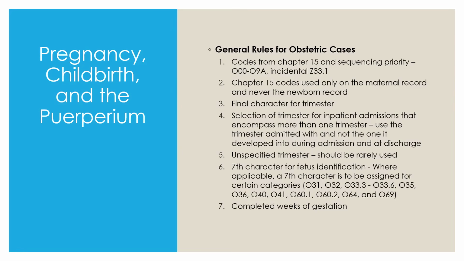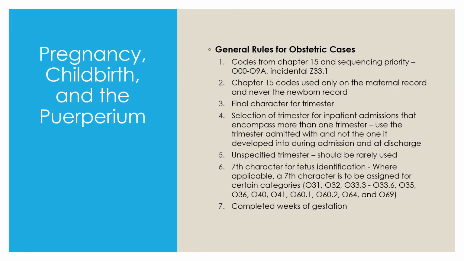Number 4, selection of trimester for inpatient admissions that encompass more than one trimester. In instances when a patient is admitted to the hospital for complications of pregnancy during one trimester and remains in the hospital into a subsequent trimester, the trimester character for the antepartum complication code should be assigned based on the trimester when the complication developed, not the trimester of the discharge.